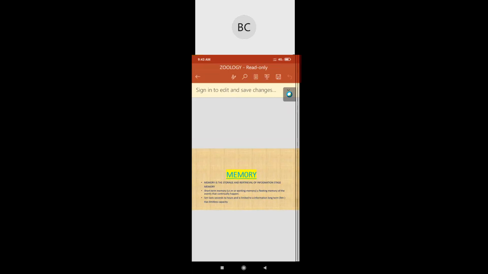Short-term memory, STM, or working memory, is a fleeting memory of events that continually happen. It lasts a few seconds to 2 hours and is limited in information. Long-term memory has limitless capacity. Thank you, ma'am.